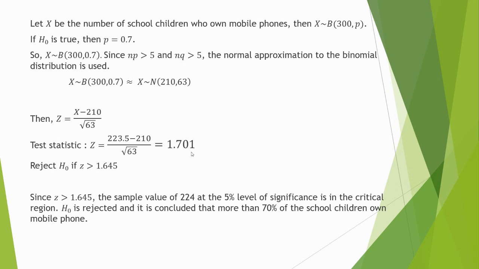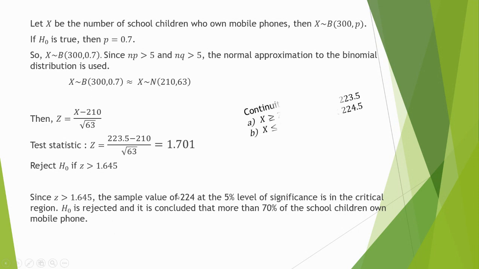Since your z value of 1.701 falls inside your rejection region, because it is greater than 1.645, if it falls in the critical region, then we will reject our H0.